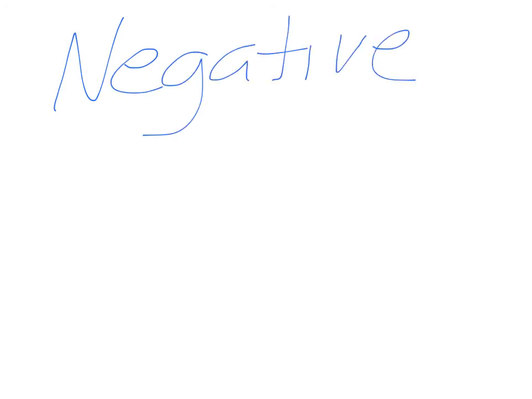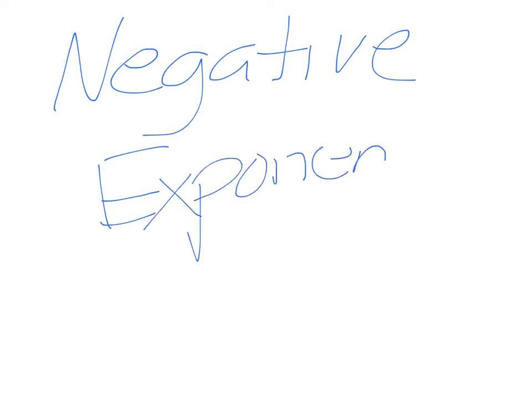The topic is negative exponents. Today's topic is negative exponents. And the fact of the matter is, negative exponents do not do the same thing as positive exponents do. So yes, if I had 2 to the third, you're right.